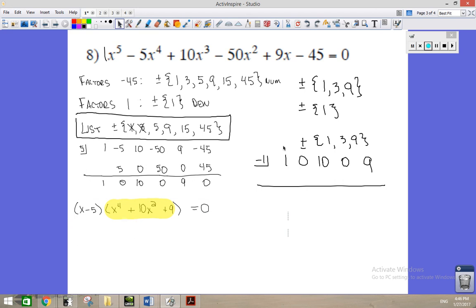I'm going to pull this number down, multiply it by negative 1. And I do not get 0, so I'm going to throw out positive 1 and negative 1. I need to throw out positive 1 because they won't add up to 0. So let's try negative 3.